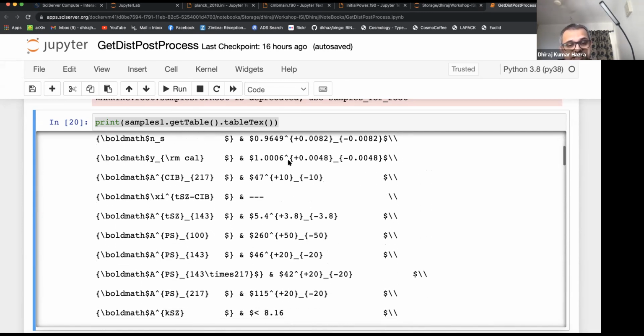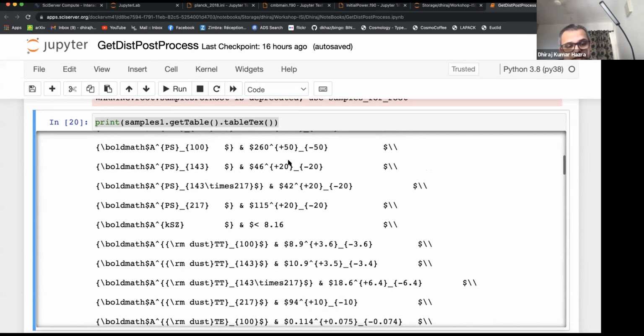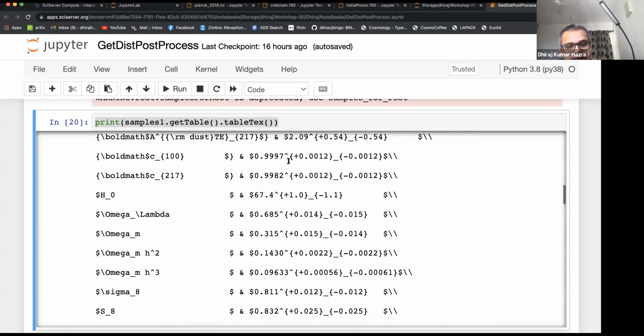For H0, we discussed that there is an H0 problem in Planck, right? So let's go down and see what the value of H0 from Planck alone is. 67.4 plus minus 1, so that means at 68%, it is 67.4 plus minus 0.5.